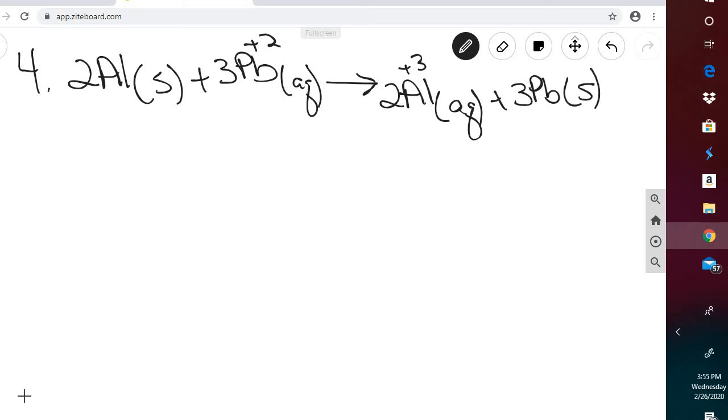So again, the first thing you want to do is you need to know what is giving up electrons so that you can know what is the anode side and what is the cathode side.